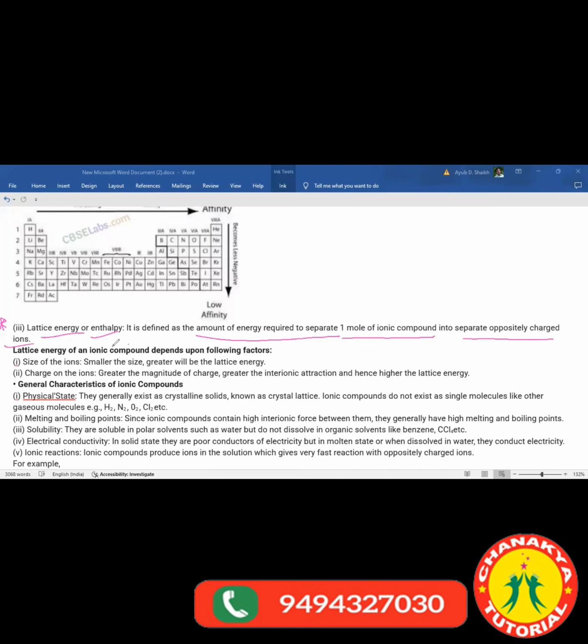Suppose A plus and B minus form the compound AB due to electrostatic force of attraction, which is formed by an electrovalent or ionic bond. So what is lattice energy or enthalpy?